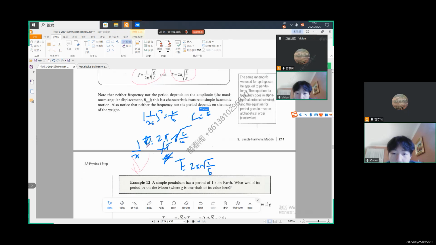So L equals 5 over 2 pi squared. So 5 over 2 pi squared times 1 over 6, 5 over 12 pi squared.